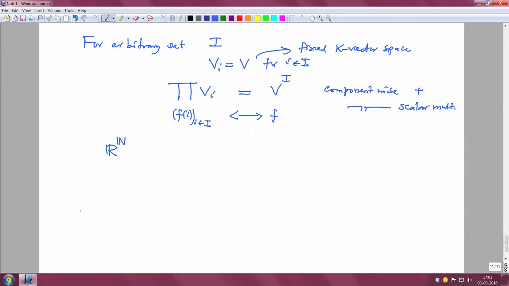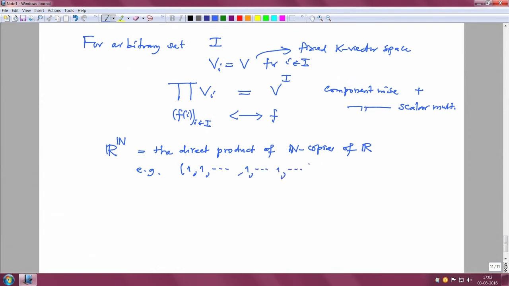So, what is the direct sum? This is the direct product of N copies of R. So, for instance, the constant sequence 1, 1, 1, 1, all the way, is an element here.